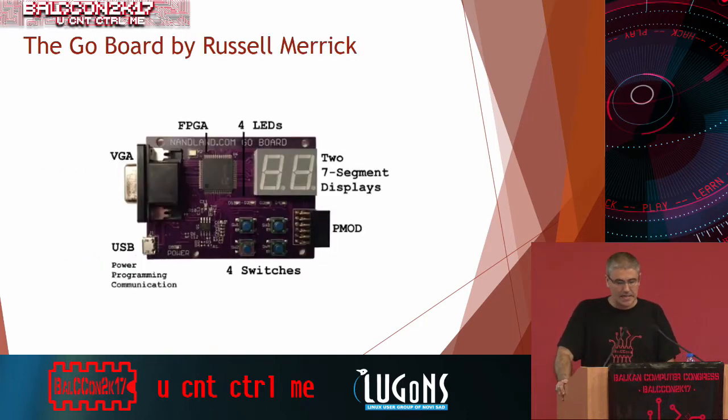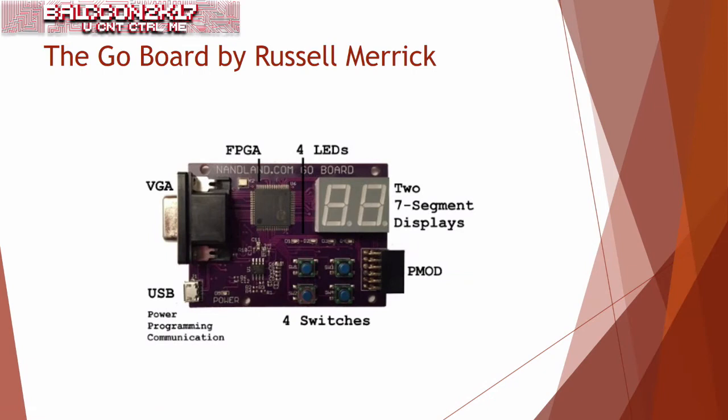In this case, I use this Go Board by Russell Merrick. It's a simple board. You see it's very small. It has just that one FPGA with 1K of elements. And as you can see, it has some additional hardware here because it's supposed to be used as a learning platform. And on his site, you can find a lot of nice tutorials for beginners.